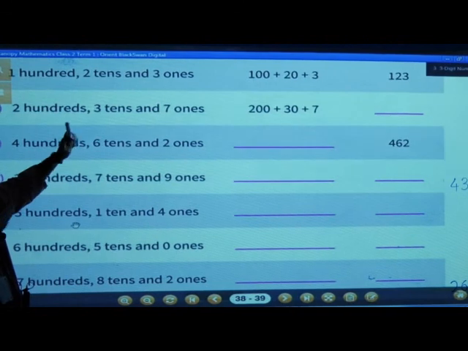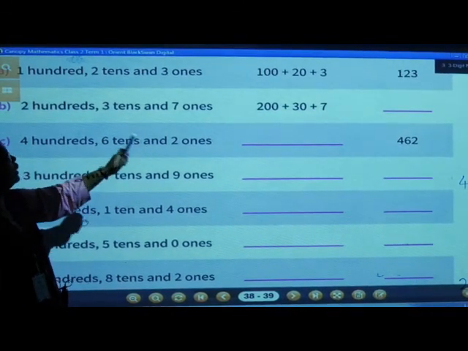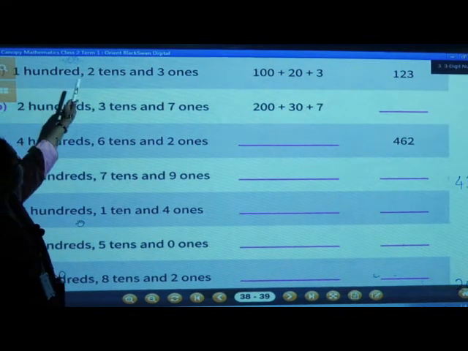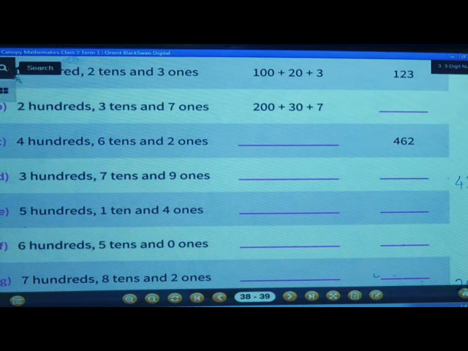Then how will you write that? 100 plus 20 plus 3. 2 tens means 20. So 100 plus 2 tens plus 3 ones is equal to 123.